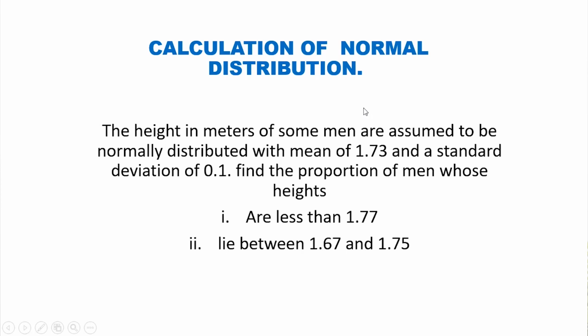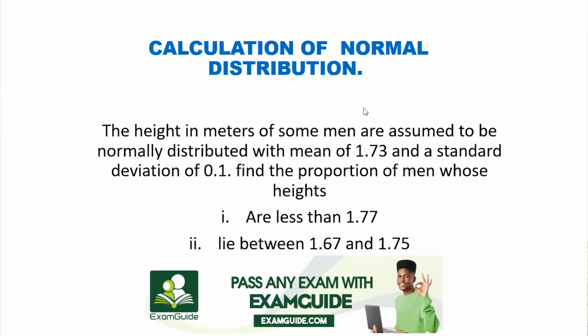Now, let us venture into the calculation of normal distribution. The heights in meters of some men are assumed to be normally distributed with mean of 1.73 and standard deviation of 0.1. Now, find the proportion of men whose heights are less than 1.77.